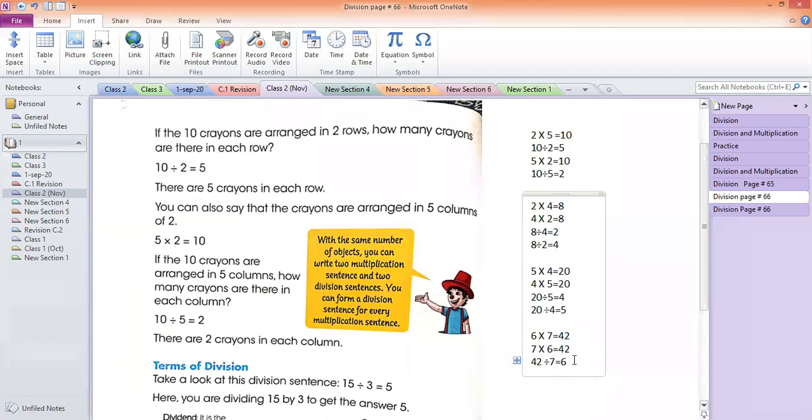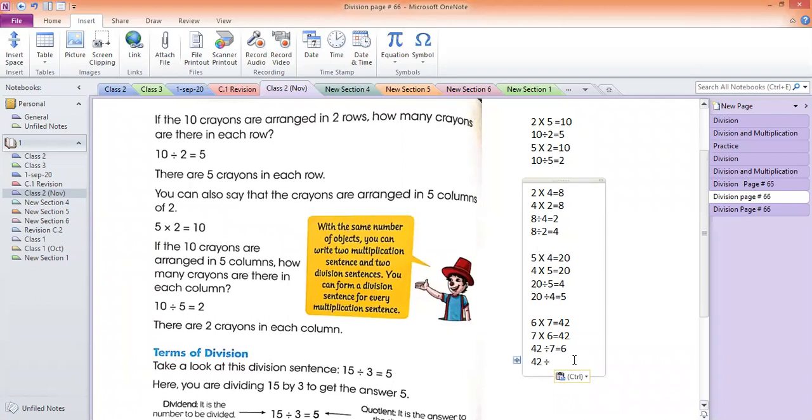A division sentence like this: 42 divided by 7 equals 6. Start with 42, start with the bigger number. Then divide it by 6, because you have already divided by 7. Now divide it by 6.